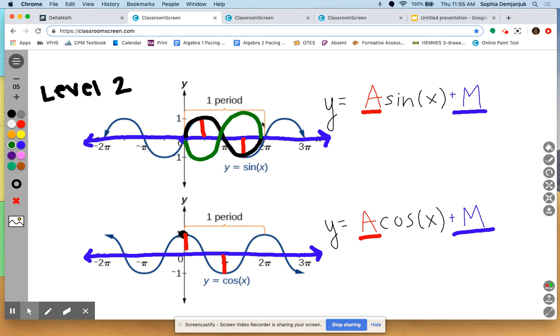And if that happens with our graph and it's reflected, our A is going to be negative. Usually for a cosine graph, you have your U shape. This shape will be flipped upside down and look more like a hill. And if it's more like a hill, then you'll have the negative sign.